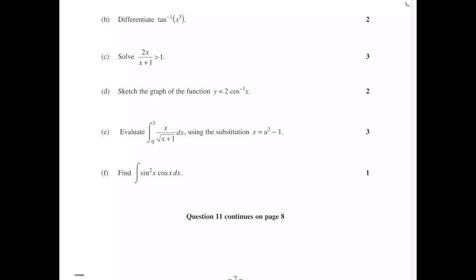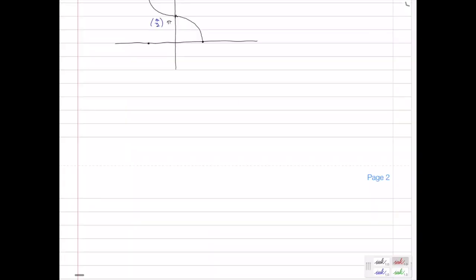Let's move on. Question E, evaluate the integral from 0 to 3 of x over the square root of x plus 1 dx using the substitution x equals u squared minus 1. All right, let's write that down. The integral from 0 to 3 of x over the square root of x plus 1 dx.